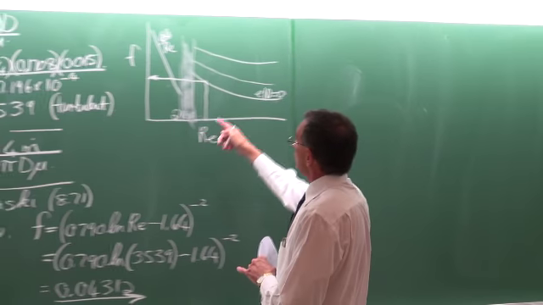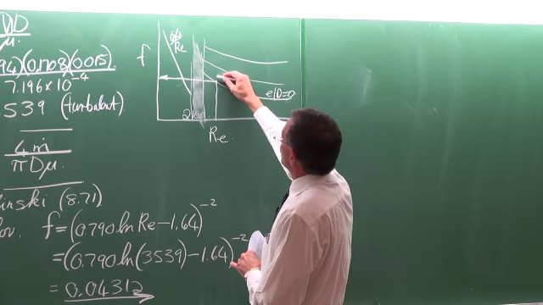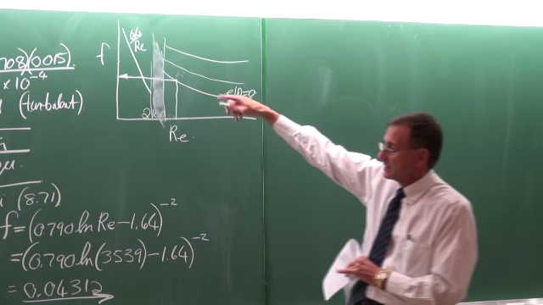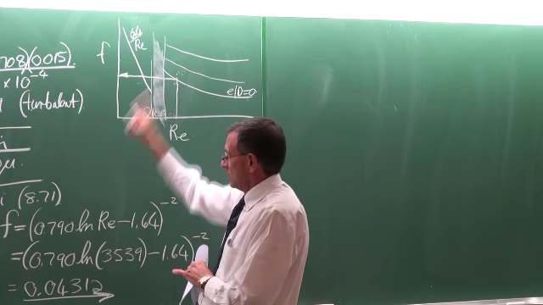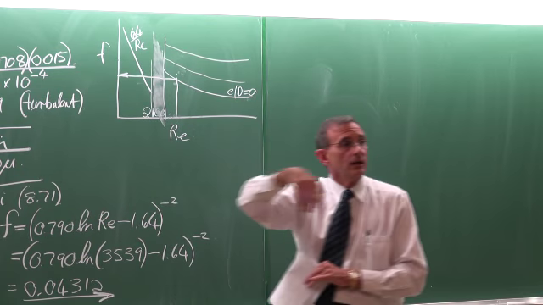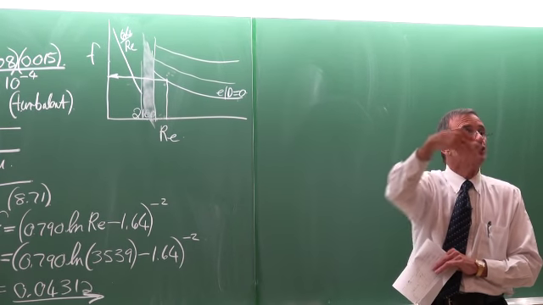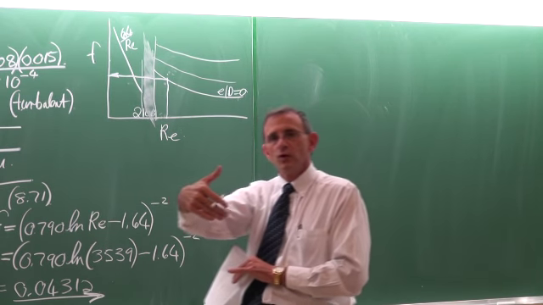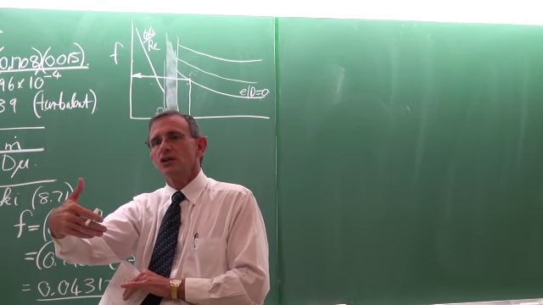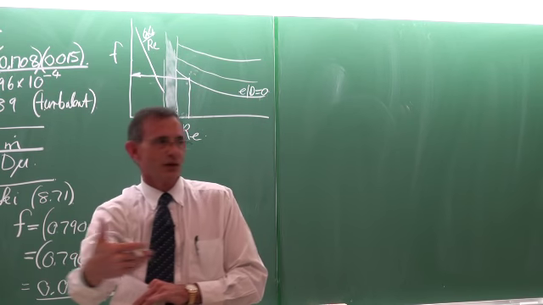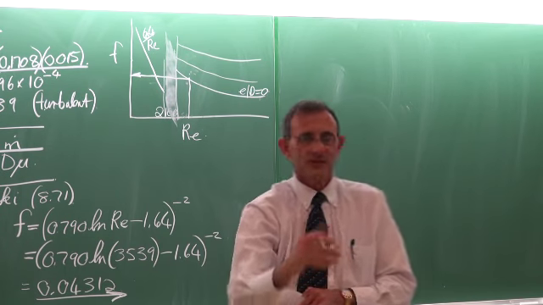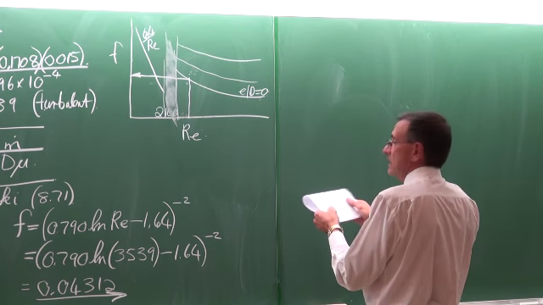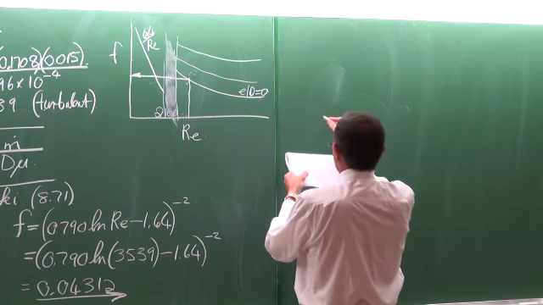That would obviously cause the friction factor to increase, then it will cause the Nusselt number equation to be higher. But that wouldn't be bad for us because we want a conservative value for the heat transfer coefficient in any case. So now that we've got the friction factor, let's use the Gnielinski equation.